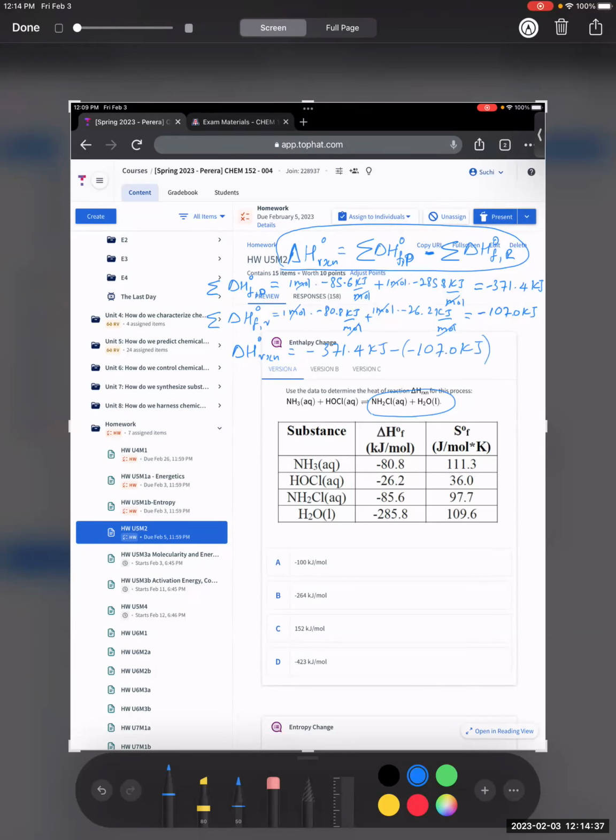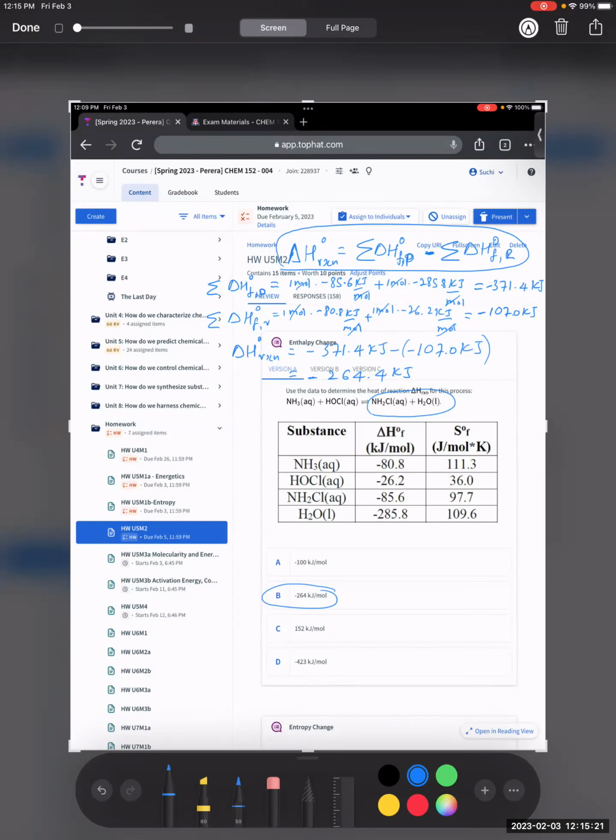If you do this calculation, you are going to get minus 264.4 kilojoules, and that is closest to option B in our answers.